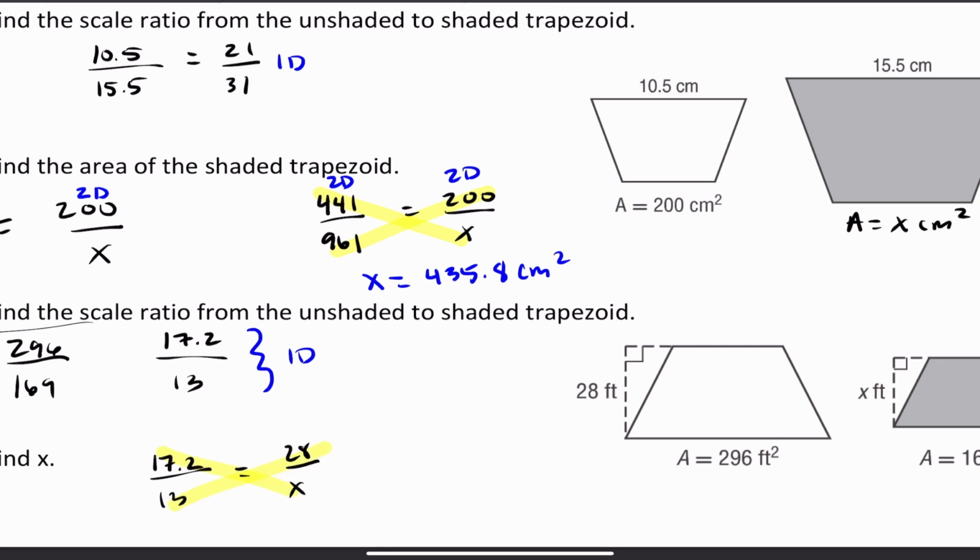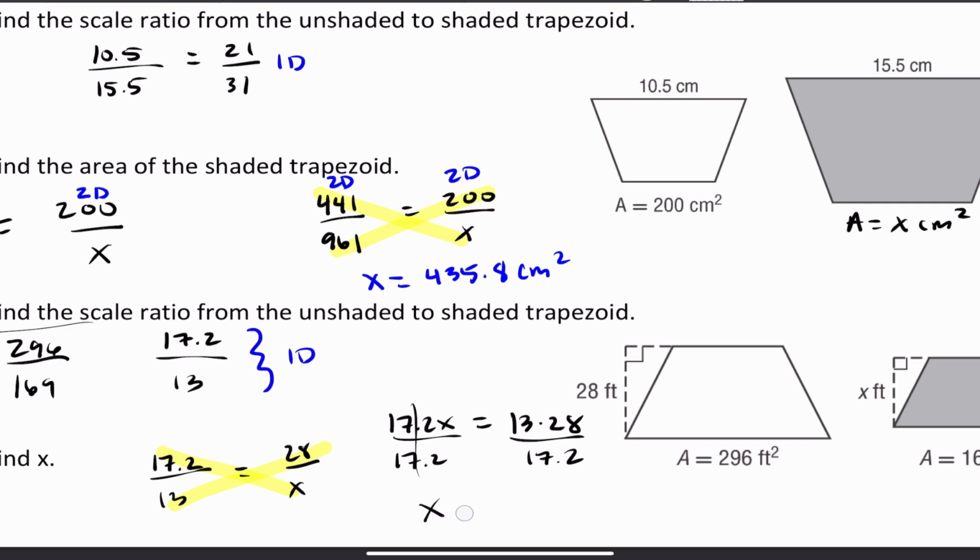And I'm going to cross multiply. I have 17.2x equals 13 times 28. Let's divide both sides by 17.2. So I have x equals 13 times 28, which is 364. I'm going to divide that by 17.2.